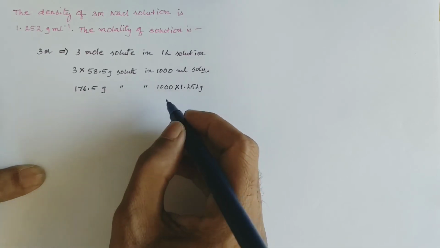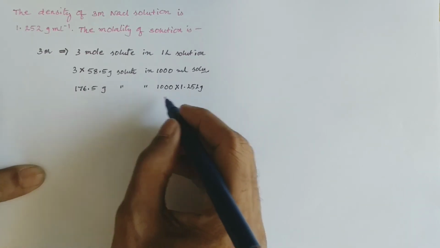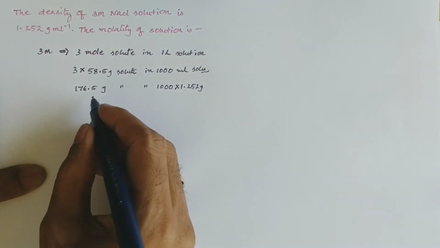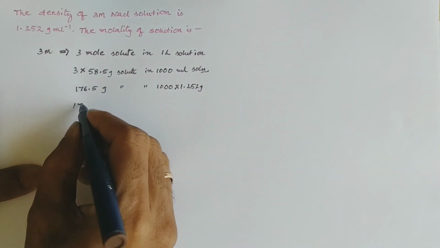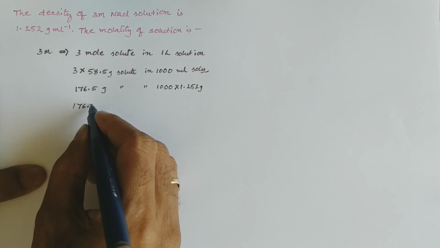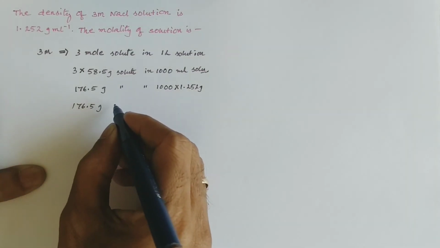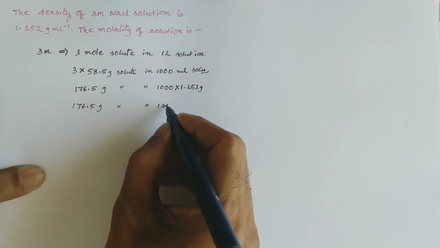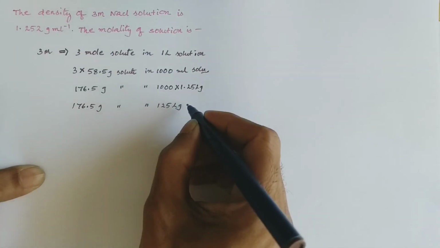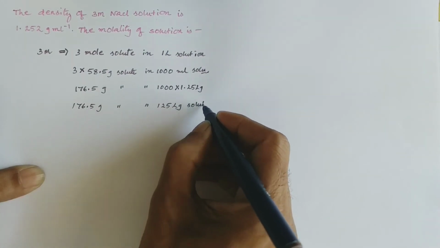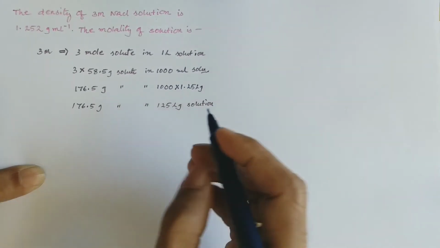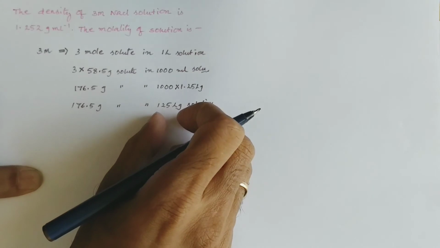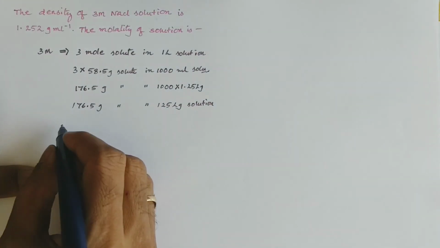Volume into density is mass, so that is equal to 1252 gram. Now 176.5 gram of solute is present in 1252 gram solution. This is the mass of solute, this is the mass of solution.